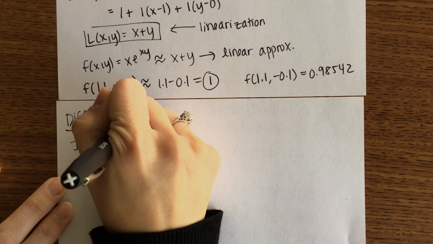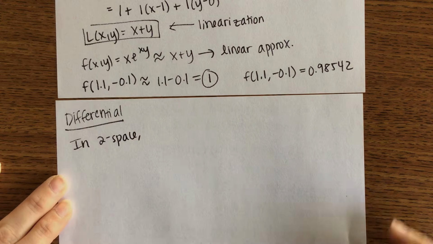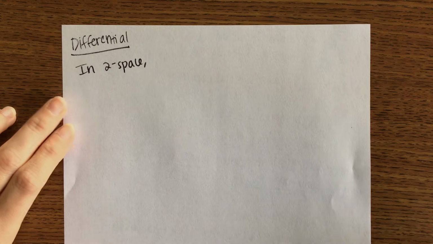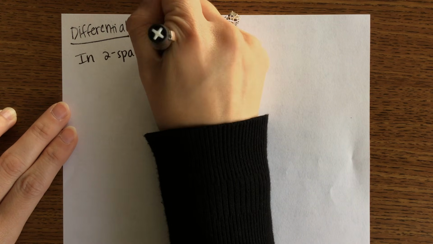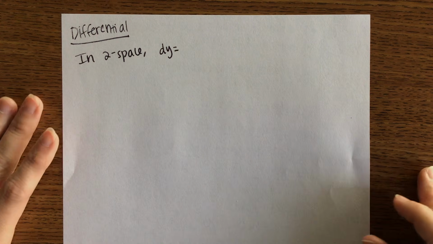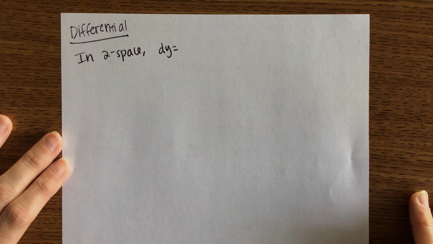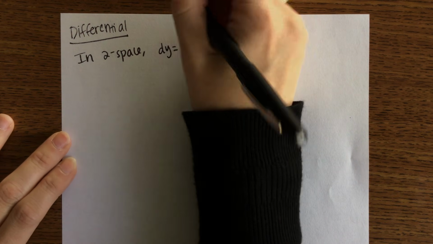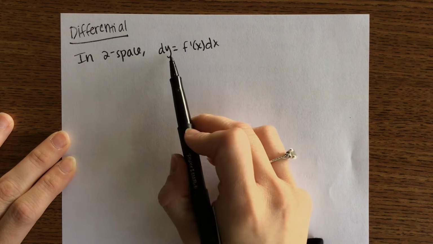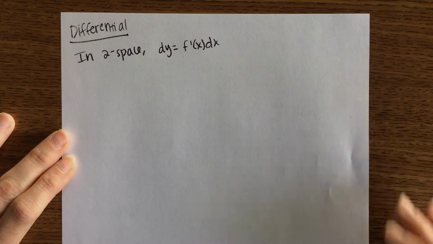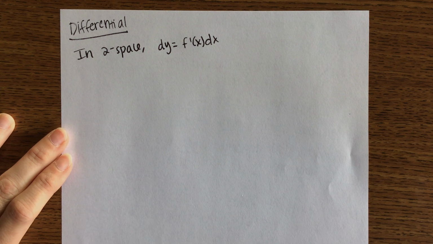Do you know what I mean by differential? dy is the differential from Calc 2, and that's f prime of x dx. dx is a differential, dy is a differential. Yes? Okay.